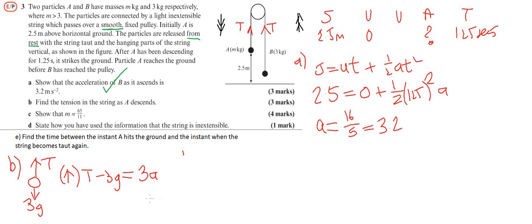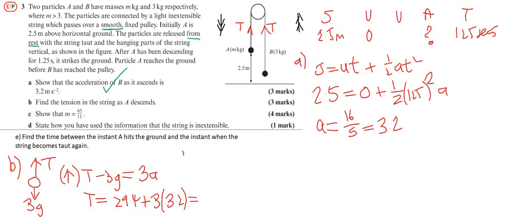That means that T is equal to 3 times 9.8, which is 29.4, plus my 3a. I know what a is because I got a from part A. So that's 3.2.